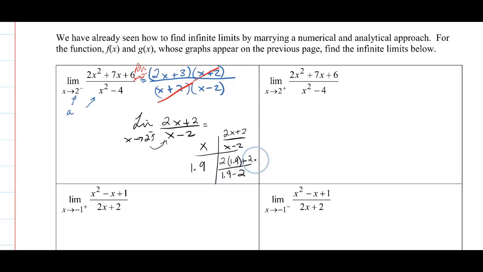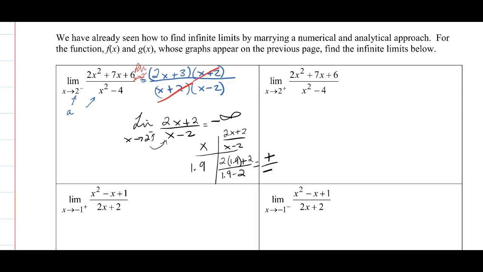And in the numerator, I don't have to work it out exactly. I can tell that this would be positive. Positive times positive plus positive would be positive. And 1.9 minus 2 would be negative. Therefore, this limit approaches negative infinity. Positive divided by a negative yields negative infinity.